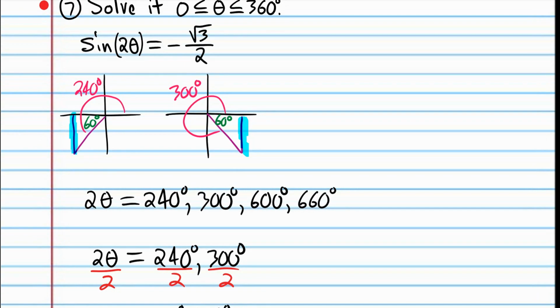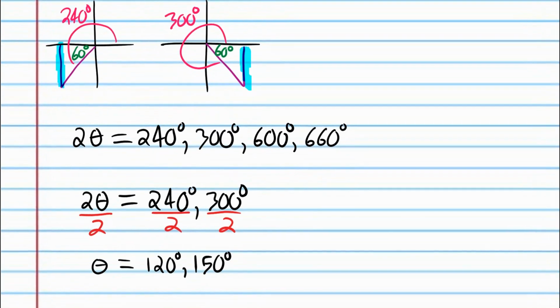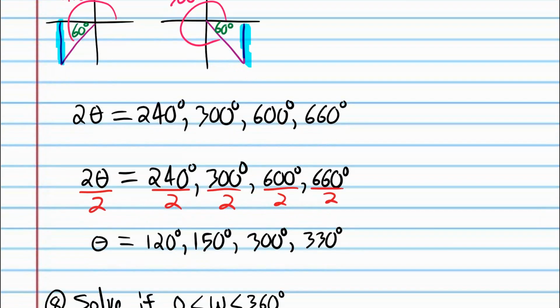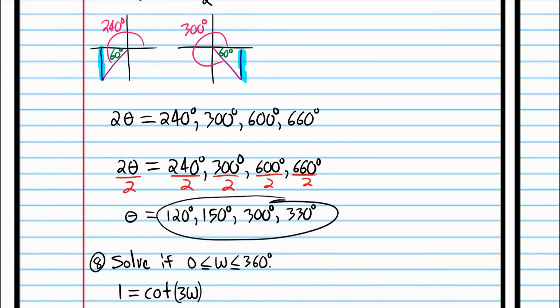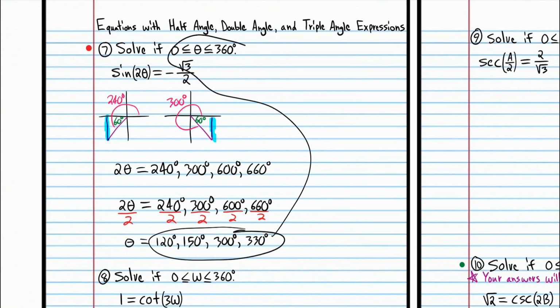So if we divide those numbers by 2, then we get 300, and we get 330 degrees. So these numbers are all between 0 and 360. Now, I know what you're thinking.